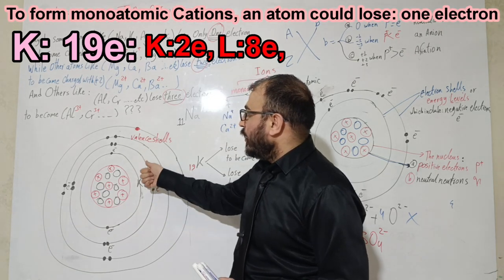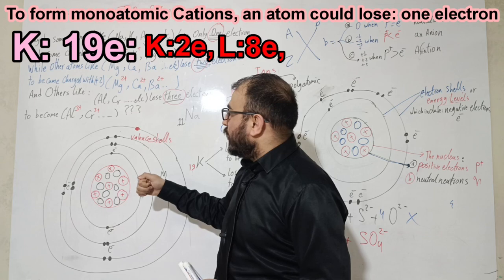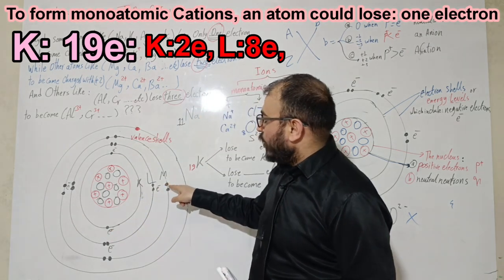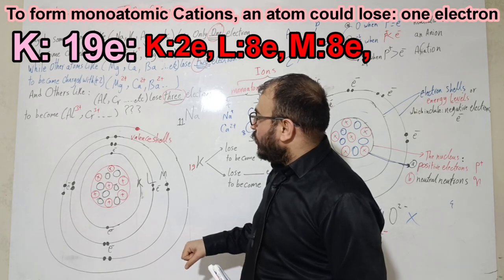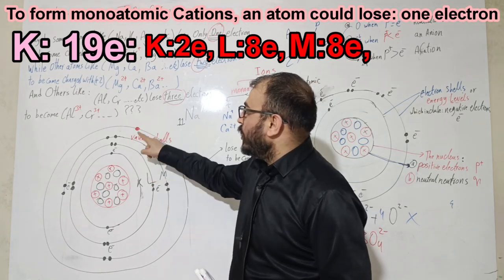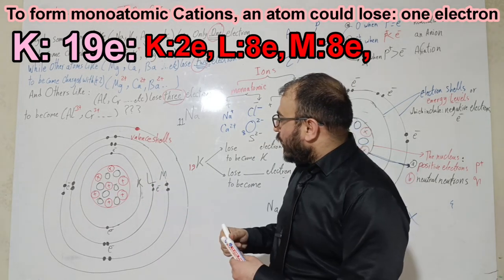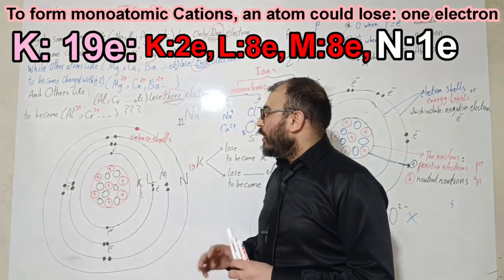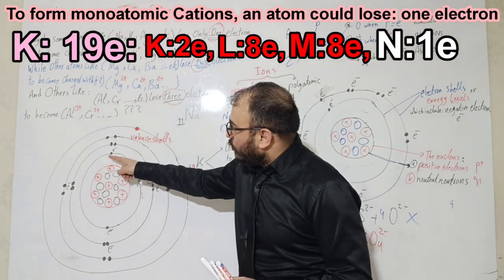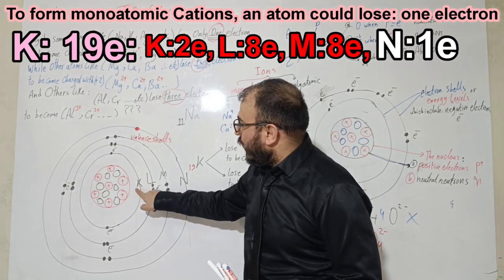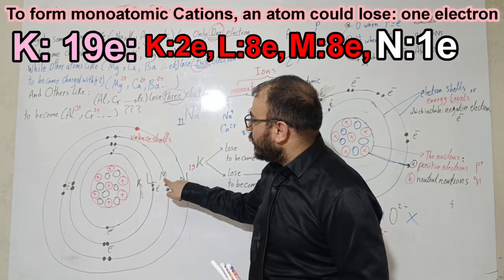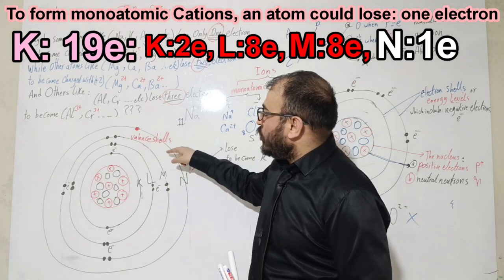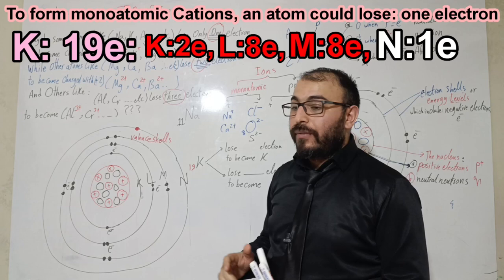Now we have 10, and there are 9 to be distributed. The third one takes 8 also. We still have 1 electron in the N shell. So 2 electrons in K, 8 in L, 8 in M, and 1 in N. The last shell, or the valence shell, is the N shell.